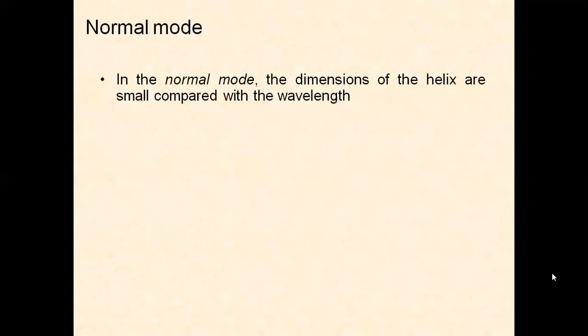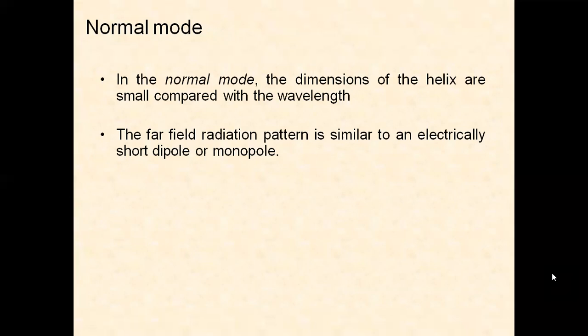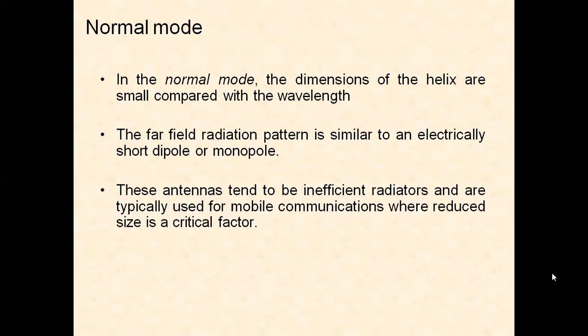Normal mode. In the normal mode, the dimensions of the helix are small compared with the wavelength. The far field radiation pattern is similar to an electrically short dipole or monopole. These antennas tend to be inefficient radiators and are typically used for mobile communication when reduced size is a critical factor.